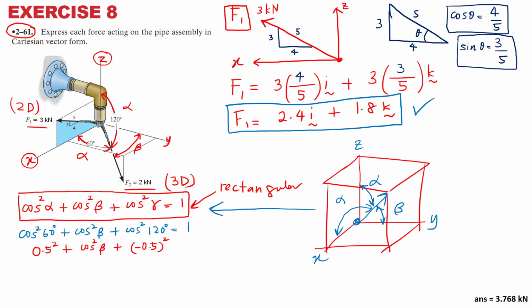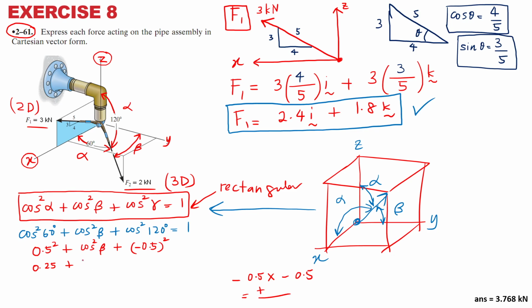Negative 0.5 times negative 0.5, you'll definitely get a positive value. So you don't have to worry about this. 0.5 squared is 0.25.